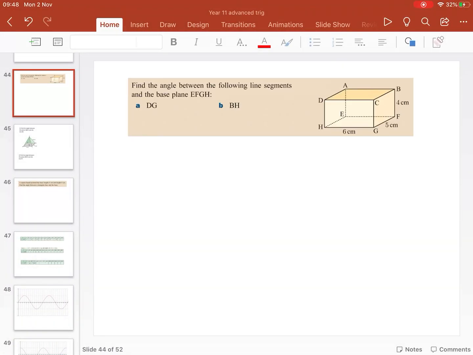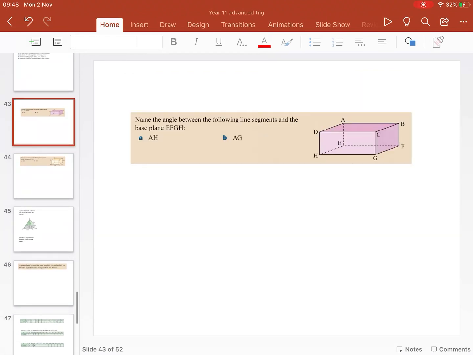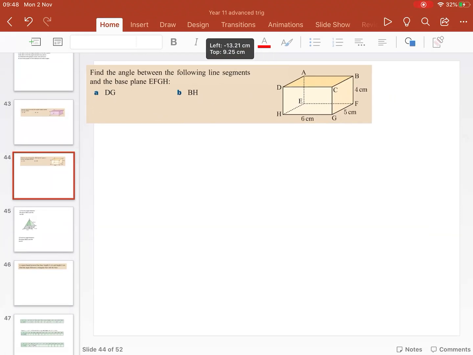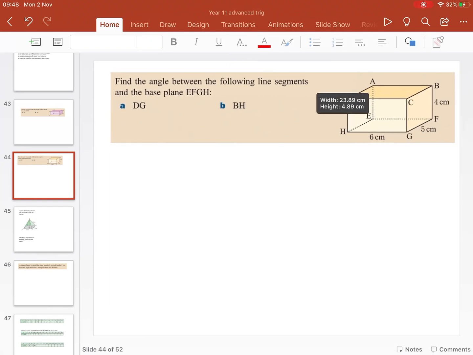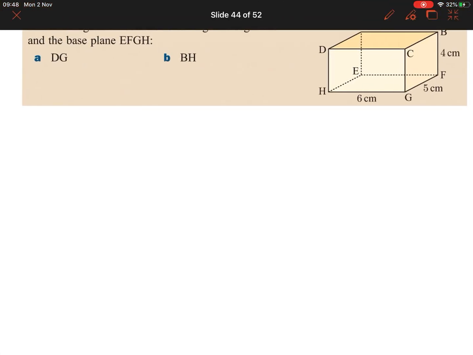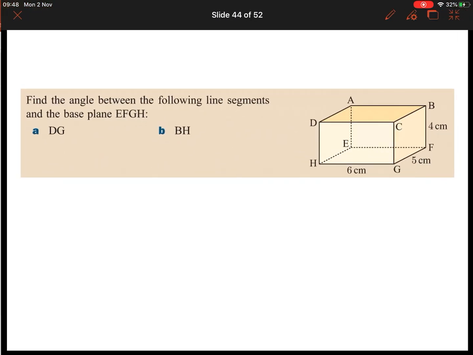Okay, actually what I'm going to do, I'm just going to try and make this picture a little bit bigger. Sorry, not this one. Just going to try and make this a bit bigger so we can look at it. Okay. Right, now, what are we actually being asked for here? Oh, sorry, hang on, let me just move it again.